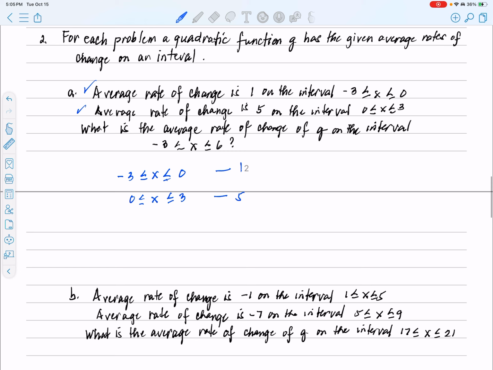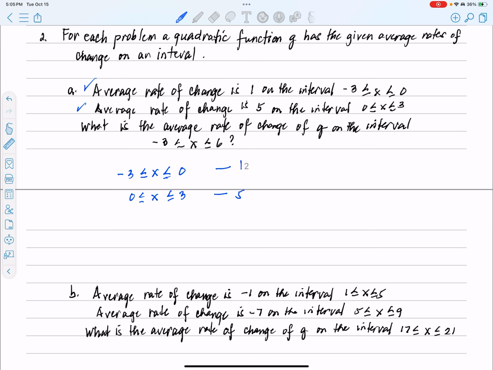All right. So the question here, what is the rate of change of g in the interval of -3 to 6? -3 to 6. So what's the interval from here to here?